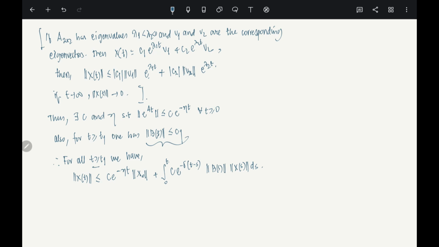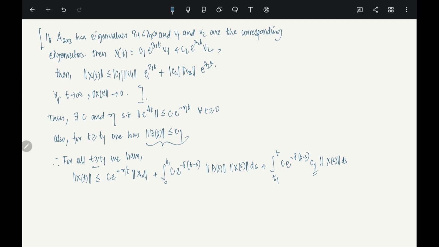So what I will do is write it as the integral from 0 to t1, and then the integral from t1 to t of c times e to the power minus eta (t minus s), c1 times the norm of x of s ds. For all t greater than t1 this is dominated by c1, so I can write it as c1. And between 0 and t1, B of s is just B of s. I hope this is clear. That is why I just broke it up.